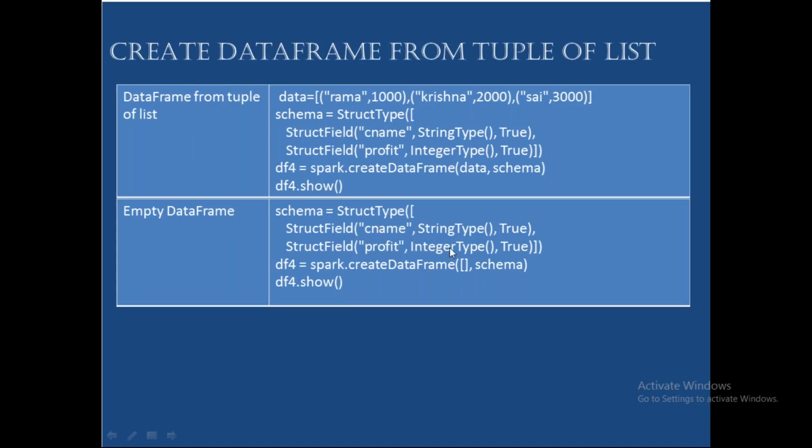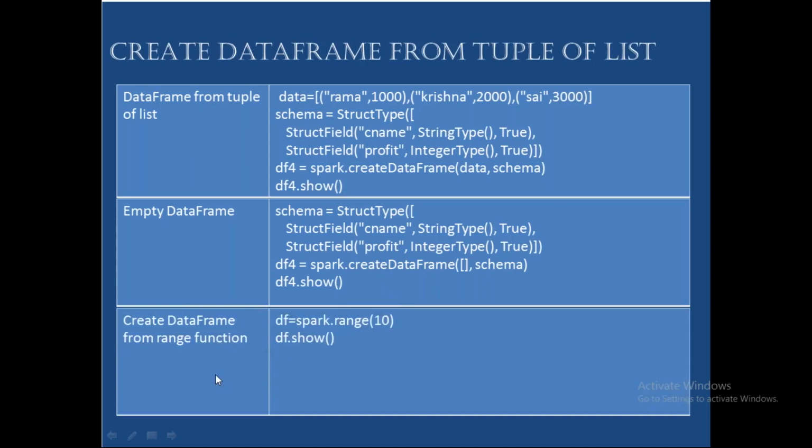Profit is an integer type, or if you have very big profits, you can make it a long type. True indicates that null values are accepted, so customer name or profit can be null.